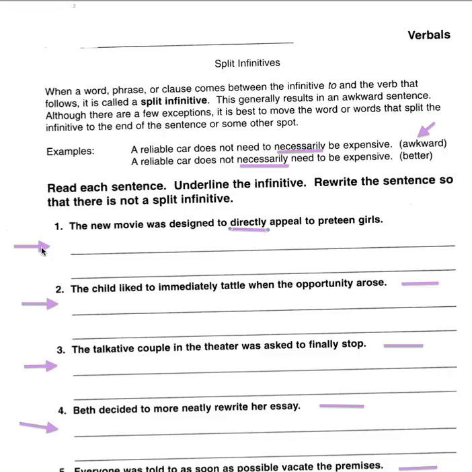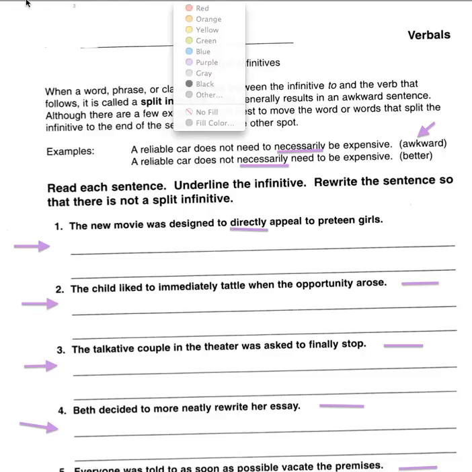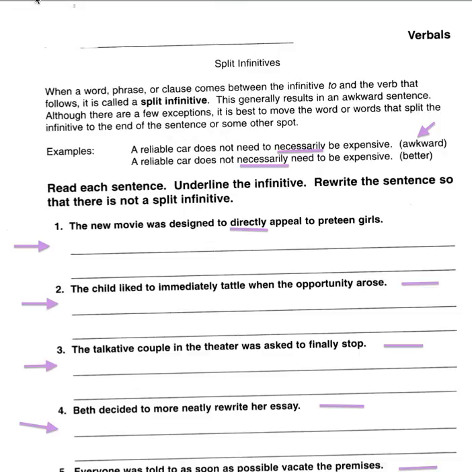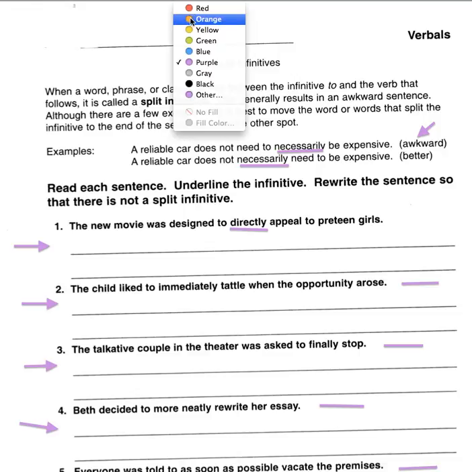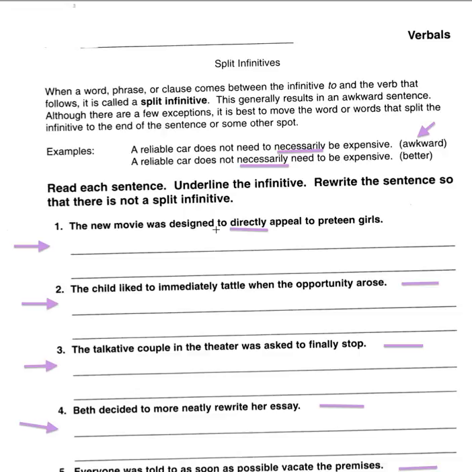Make sure you underline that word that we need to move, and keep in mind the infinitive that we're looking at is to appeal. So let's underline in a different color here. Let's use a different color for underlining the actual infinitive itself. Let's pick on red. So to is one part of it and appeal is the other part of it. And they're really apart from each other.